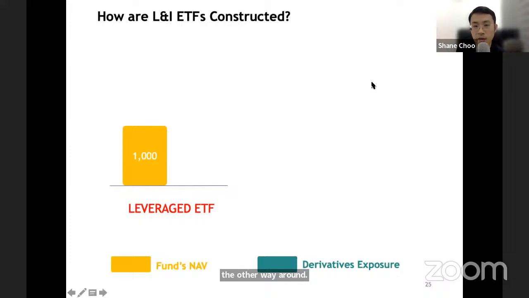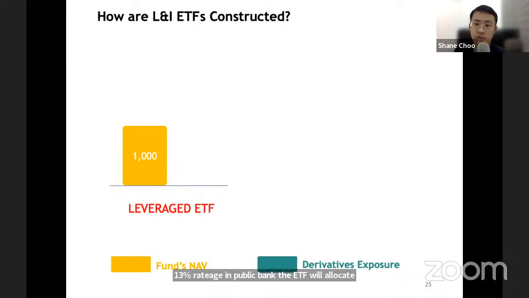All right, this is the performance return. So how are L&I ETFs constructed? Unlike the conventional ETF, which is mainly constructed using full replication methodology, for example, if an ETF tracks the FBM KLCI and the index has about 13% weightage in Public Bank, the ETF will allocate 13% cash to buy into Public Bank.